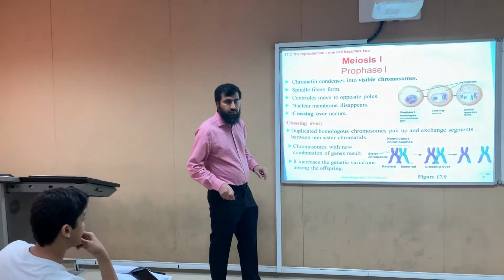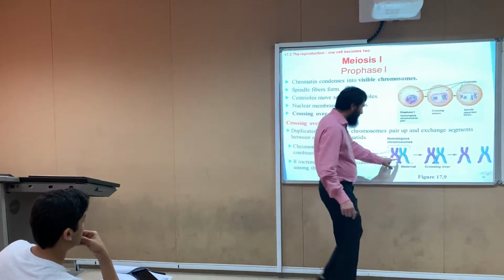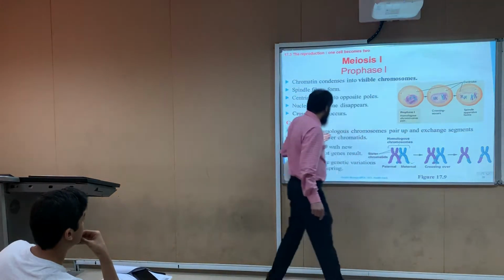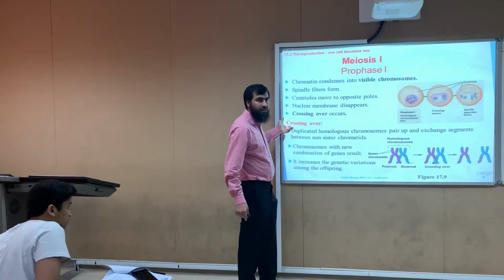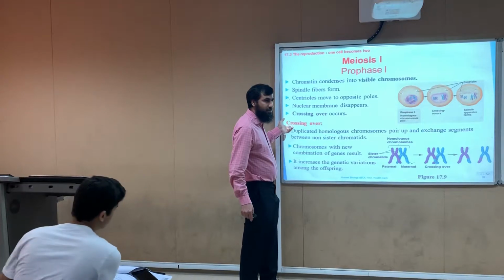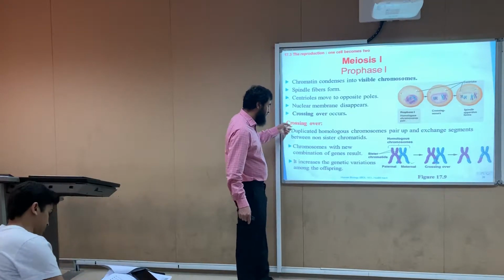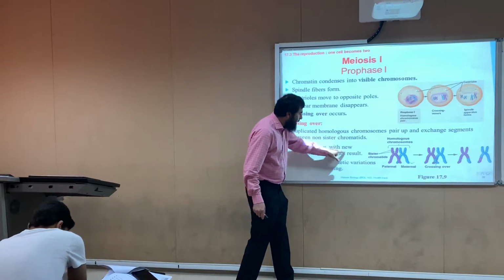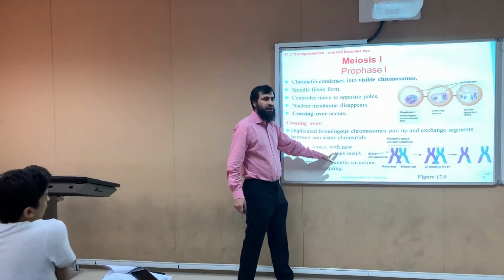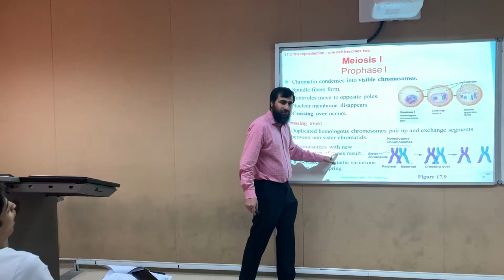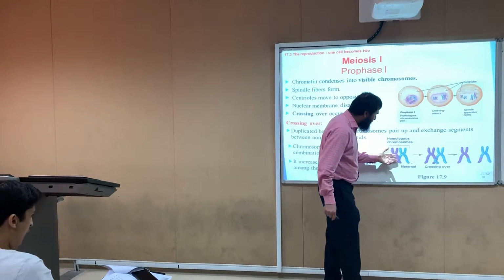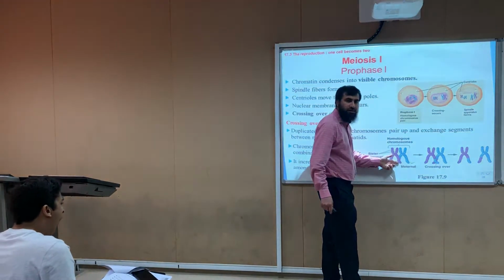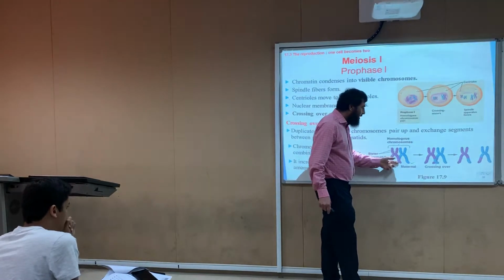What is the name of the process? Crossing over, okay? That's what's happening, crossing over. So when we do that, now we get a new combination of genes, okay? So before, you had your mother's, say, chromosome.